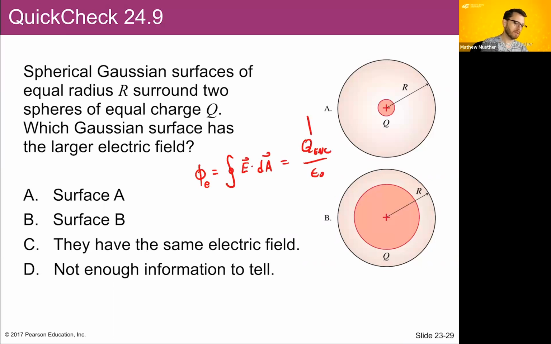Well, Q enclosed is the same for both of these, right? Even though that Q is spread out differently, the same amount of charge is inside of each of those Gaussian surfaces. So the right-hand side of this integral is the same.